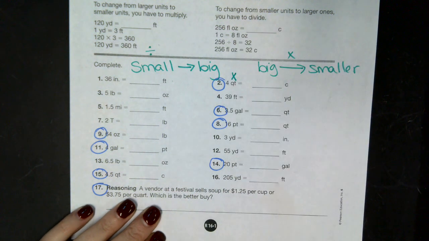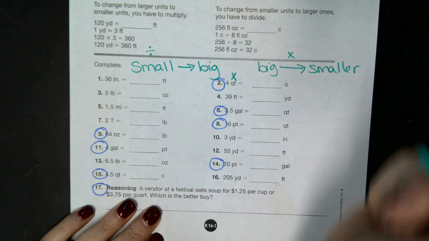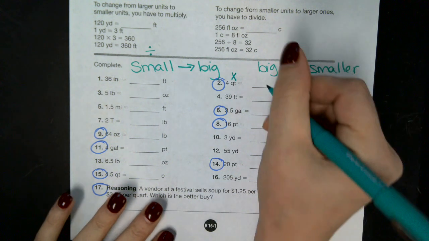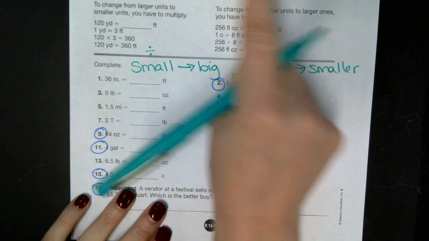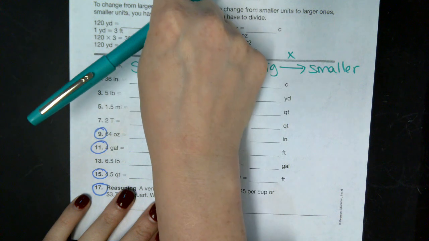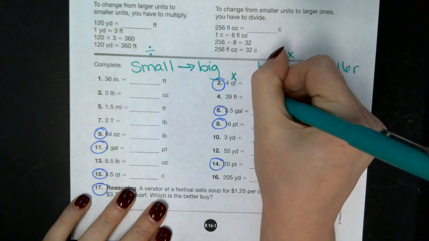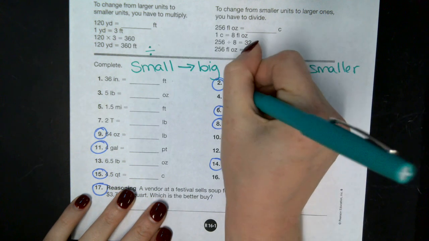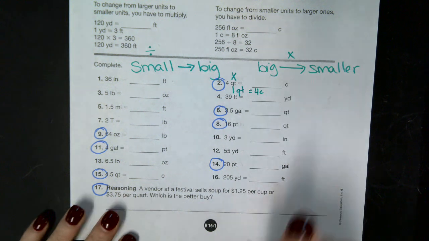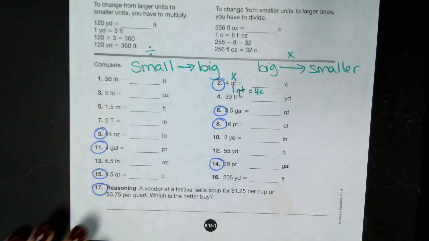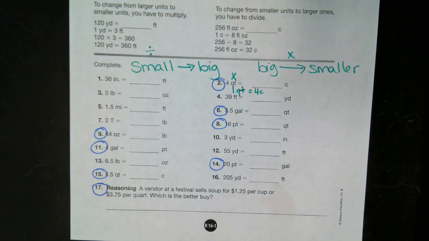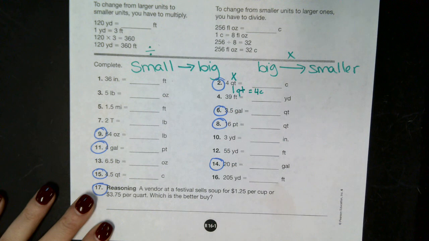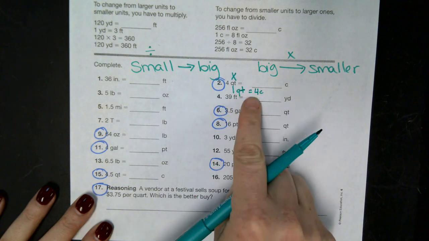And we know that, how many cups are in 1 quart? Look at it, you have to count it. 4 cups are in 1 quart. So what are we multiplying here? Are we doing 4 times 1? No. 4 times 4.